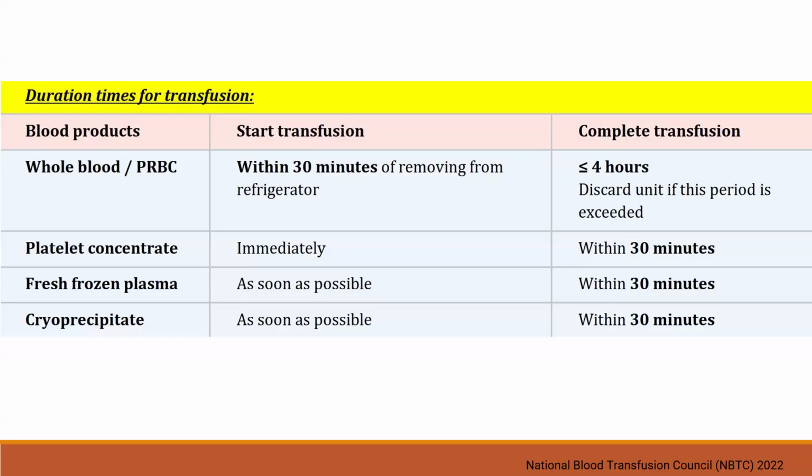Then bacterial contamination may start, because usually we are storing at 2 to 6 degrees. While transfusing, we are transfusing at room temperature. There is a chance of bacterial overgrowth. So basically, plus the oxygen carrying capacity will gradually decrease.